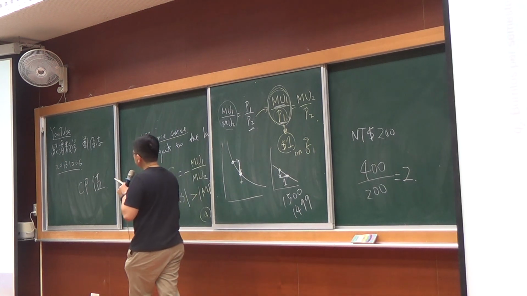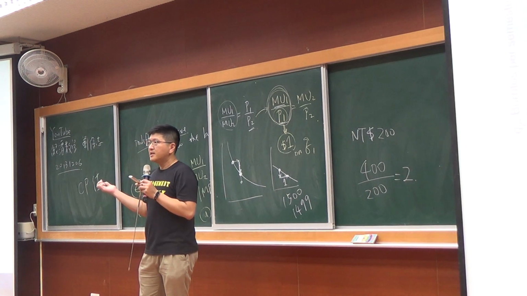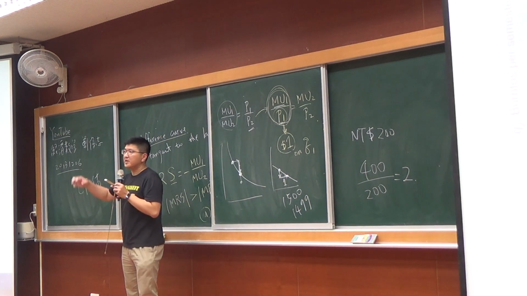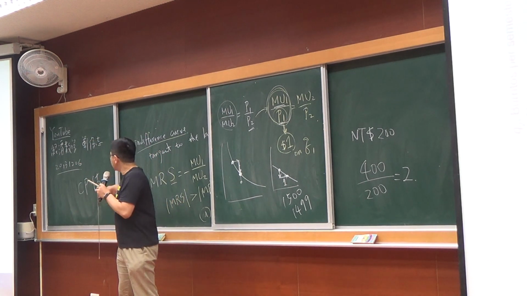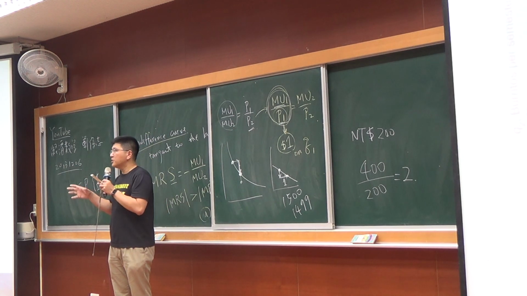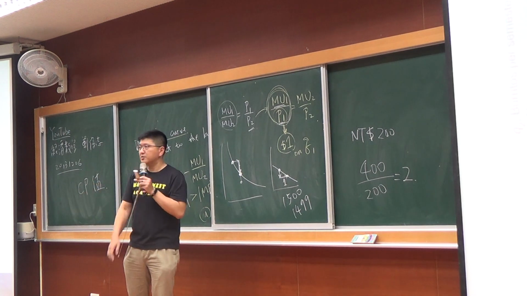Of course, you will choose the highest CP value, right? But the more you invest on this kind of good, the CP value decreases, right? And when it decreases to a level less than others, then you should stop there. You should put your money on other goods.